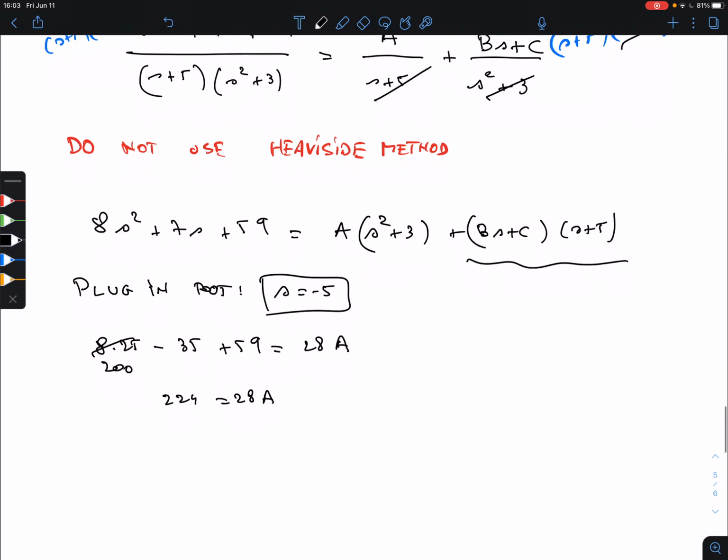So a is equal to 224 divided by 28, which is actually 8. Okay, so we have a.